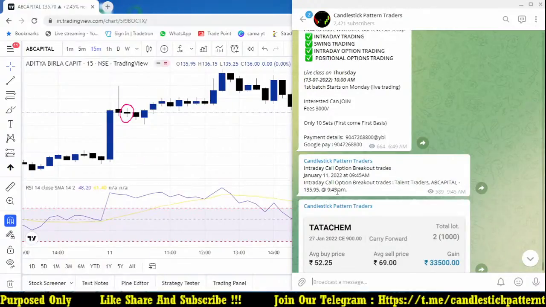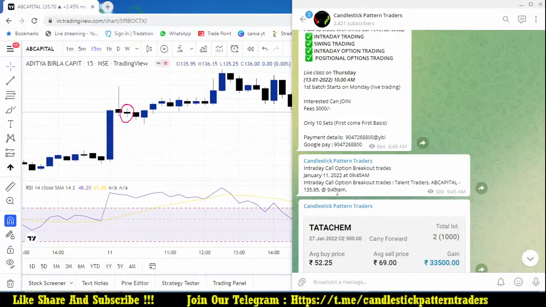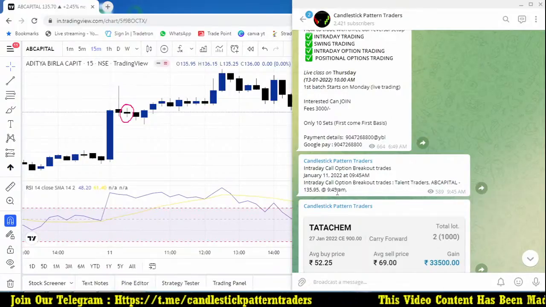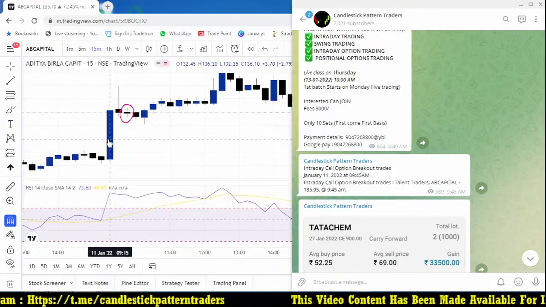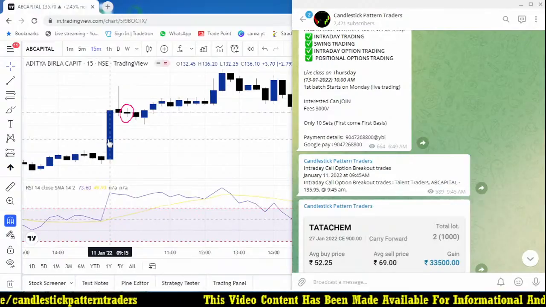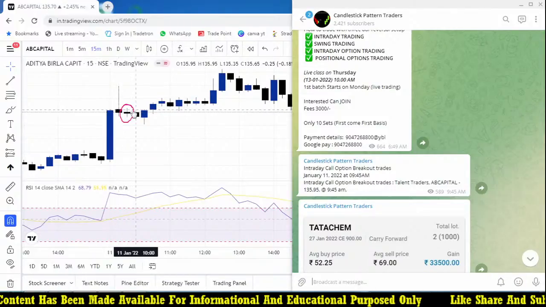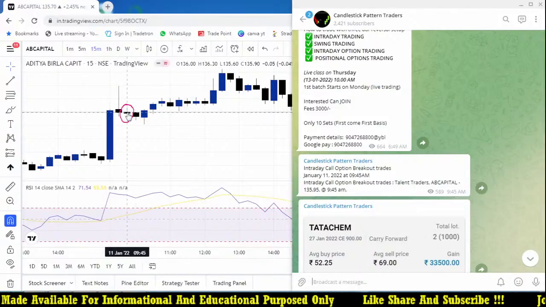So what is that time? It is the starting time of the candle. So this is the 9:15 candle, starting at 9:15 and ending at 9:30. The next candle would be 9:30 to 9:45, and the next candle would be 9:45 to 10 o'clock.